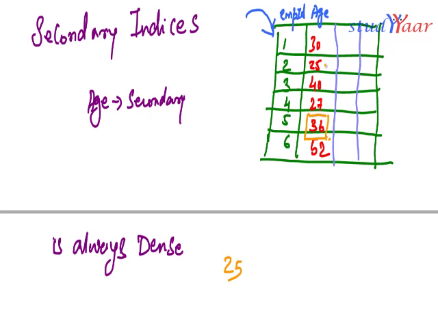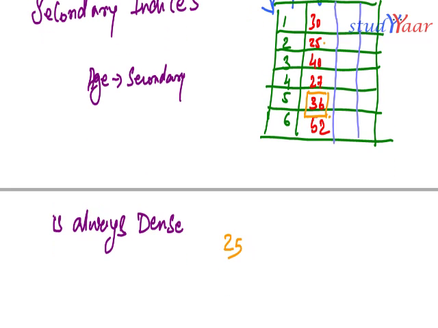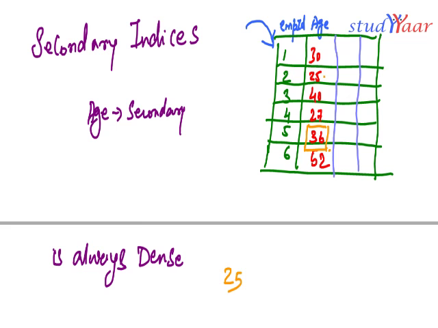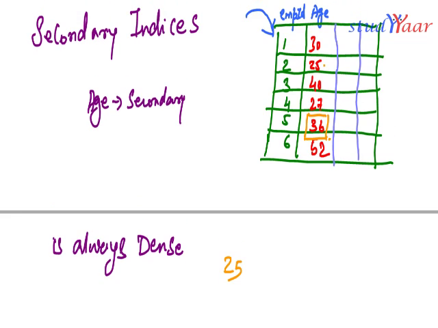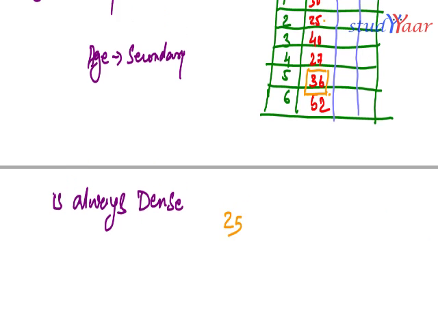Now I have reached here, but where do I go? It is not necessary that 36 would be down below, it could be up above also, because we have not arranged these records with respect to age. Hence, even after finding a nearer value, it is very difficult to find the correct record. Therefore, we always create a dense secondary index.